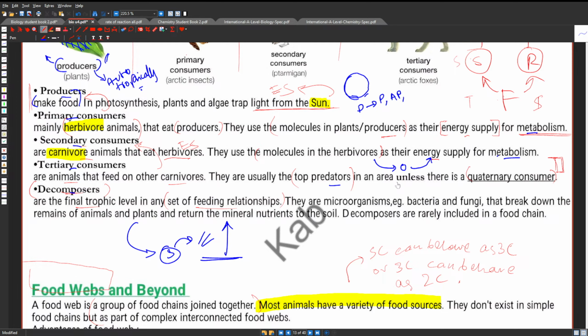They're the microorganisms like bacteria and fungi that break down the remains of every animal and every plant and return the minerals back into the soil. The soil is what the producers use to make all those proteins and nucleic acids, because it is from here where they get those phosphate ions, those nitrates, magnesium ions, all these special ions.